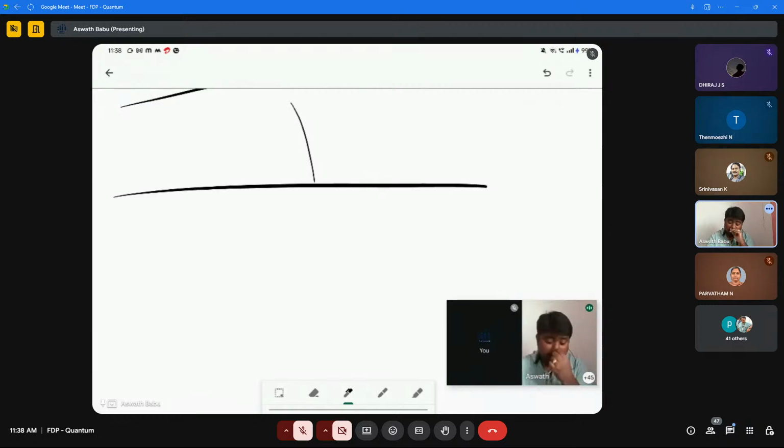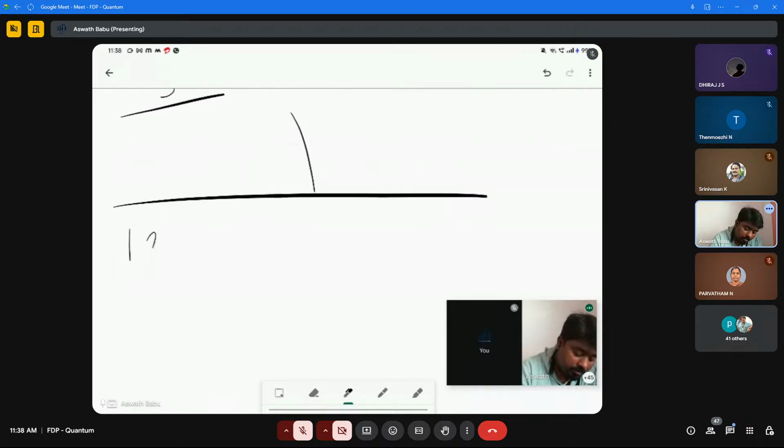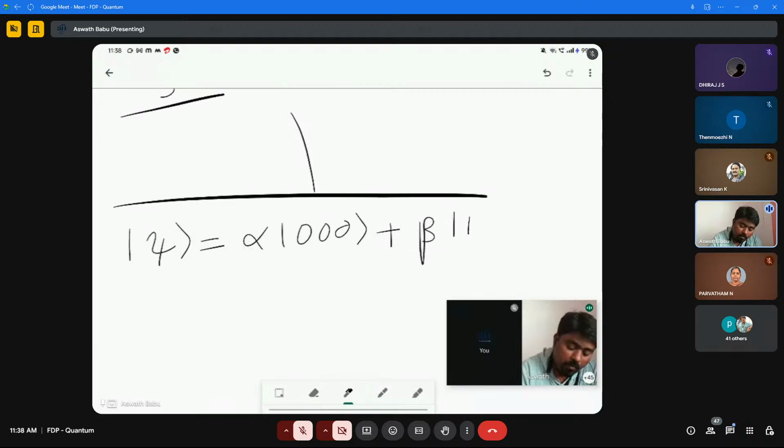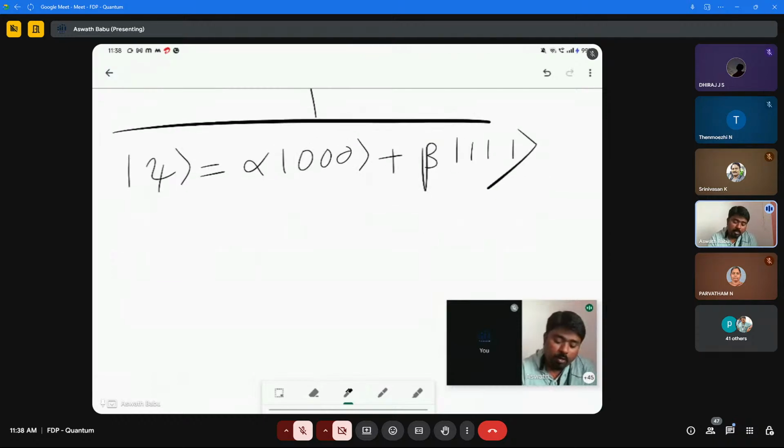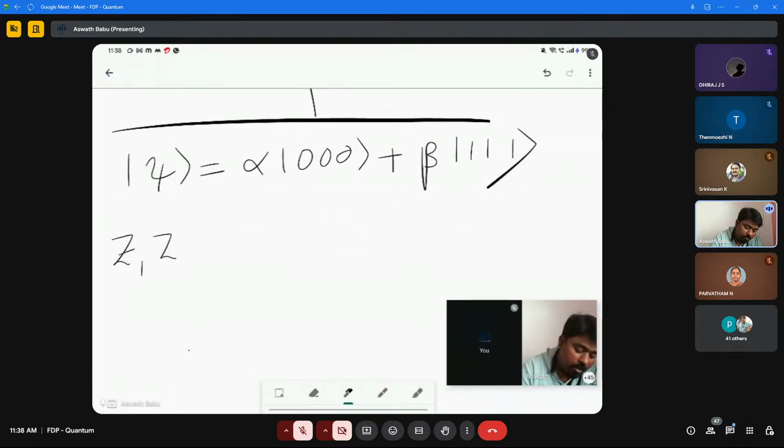What is that? Let's say a quantum state is alpha 000 plus beta 111. What we can do is, let's say I act Z1 gate on the first qubit, Z2 gate on the second qubit. Okay, you see, this is the technique.